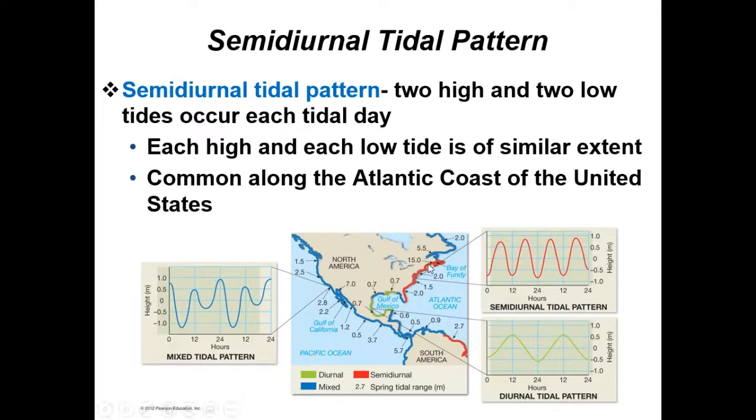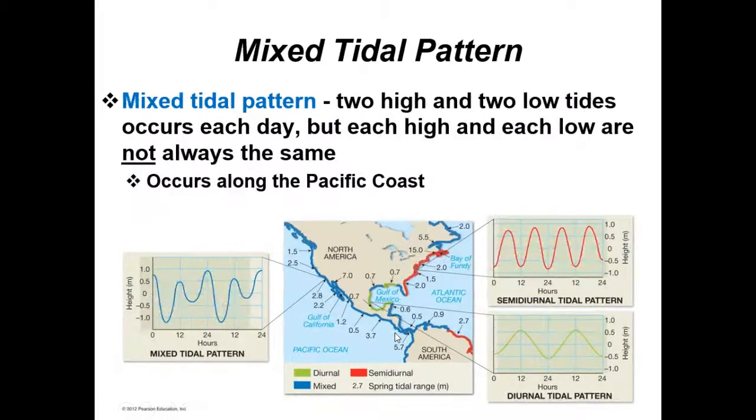You expect to see that type of tidal pattern on the east coast of the U.S., the Atlantic coast. And then lastly is the more oddball one that occurs on the west coast of the U.S. It is called the mixed tidal pattern, and this one is quite interesting. Like the semi-diurnal pattern, the mixed pattern has 2 high tides and 2 low tides each day, but each high tide and each low tide are not always of the same extent in elevation.